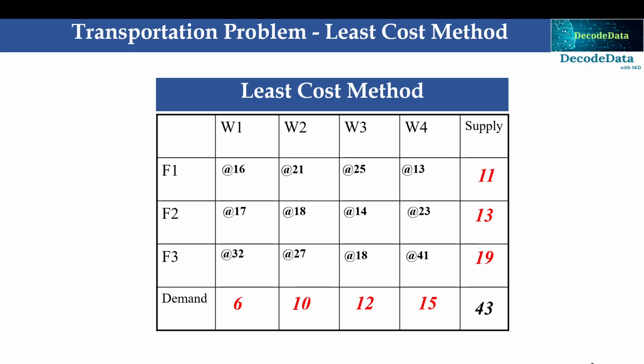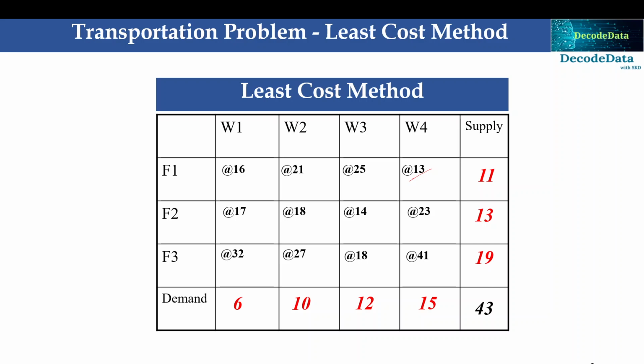Now what I have to do is look at the costs given here: 16, 21, 25, 13. We have to find the minimum cost. If you go through all these 12 values, you'll find that 13 is the minimum in this table. So I have to allocate certain units to this particular cell.